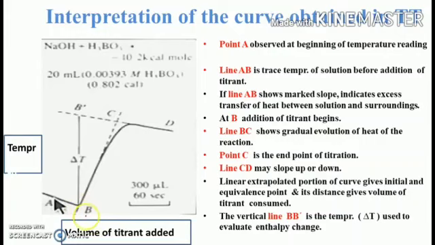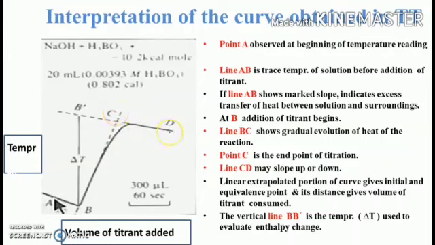At point B, the addition of titrant begins. The line BC shows the gradual evolution of heat when titrant is added to analyte. This point C is the endpoint of titration.